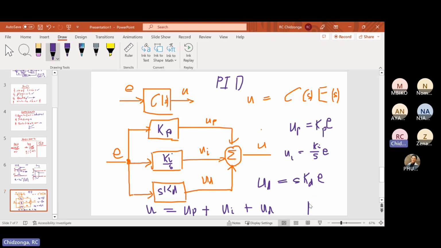Now, this is what we call the PID, because the output of the controller as a whole has got three components. One component is proportional to the error of the signal of the process. The other component is proportional to the integral of the error. And the other component is proportional to the derivative of the error.